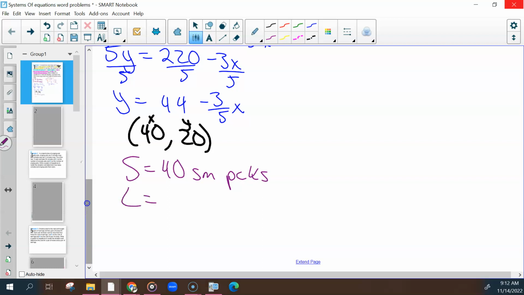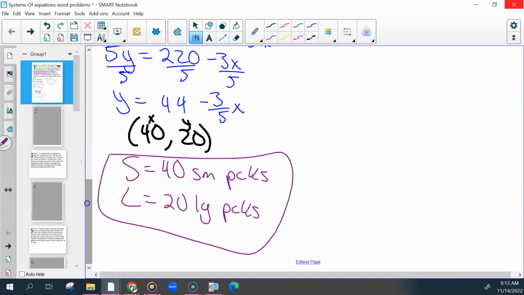And then L is 20 large packs. So we have to be specific in our labeling for our answer and defining our variable. Because we did this by graphing, you would say graph and calculator. That would be your work after you solved it for y.